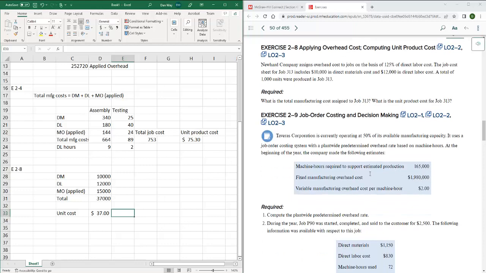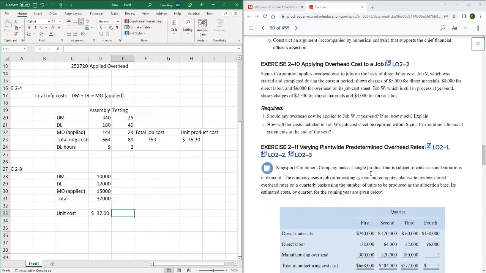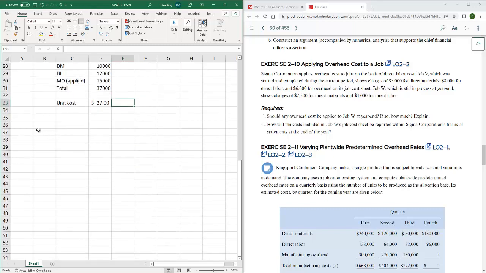All right, I had one more problem to cover here for now, and that was exercise 2-10. So I'll jump ahead just a tiny bit. 2-10 said Sigma Corp applies overhead costs to jobs on the basis of direct labor cost again.